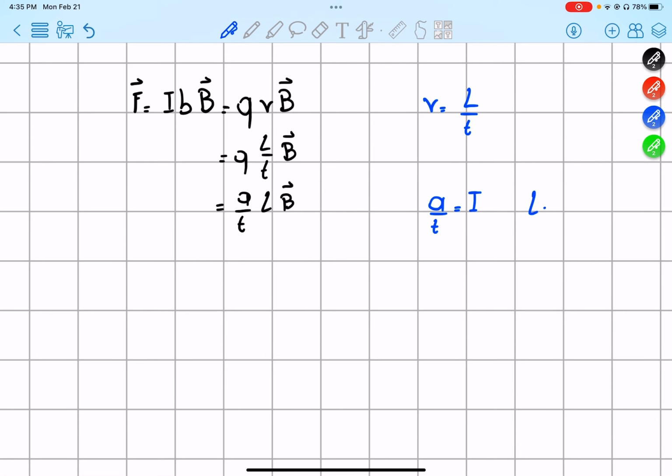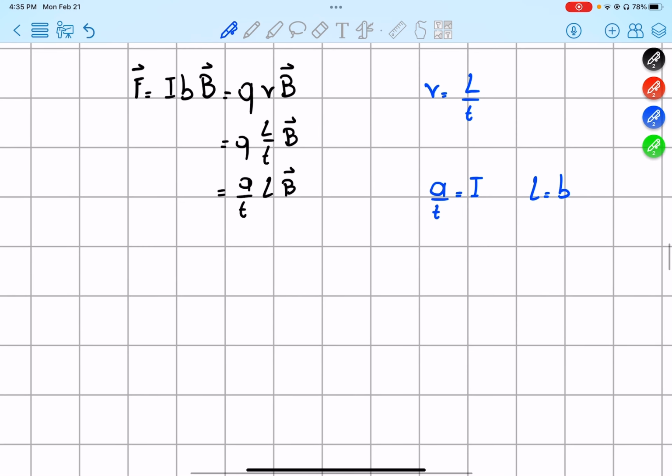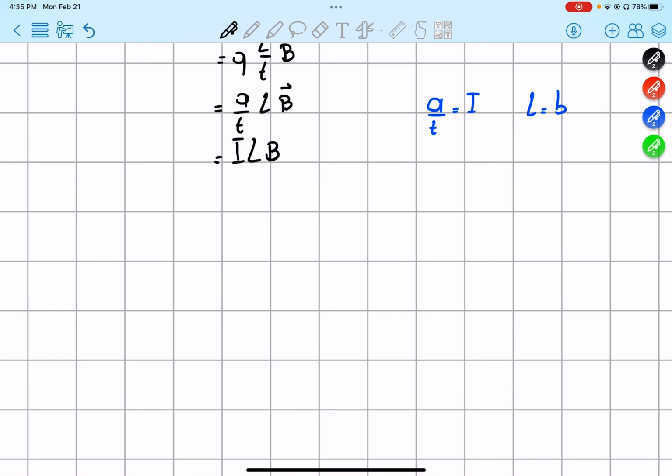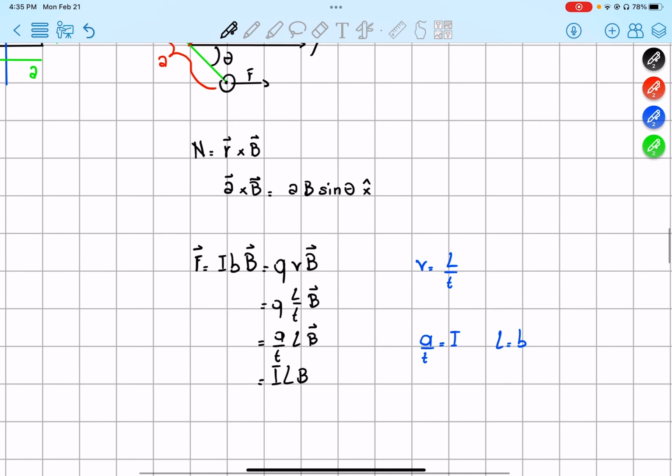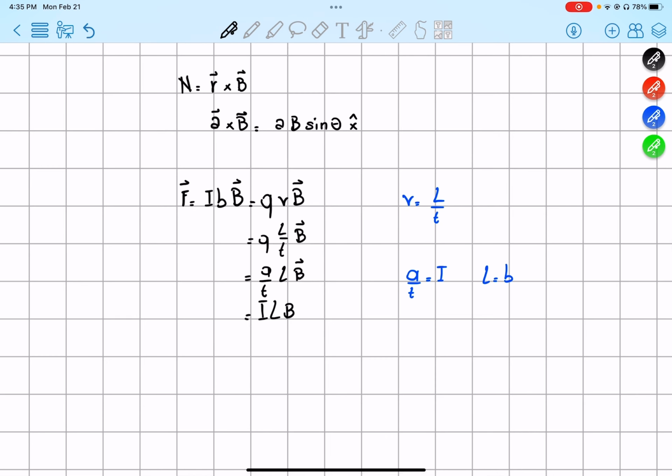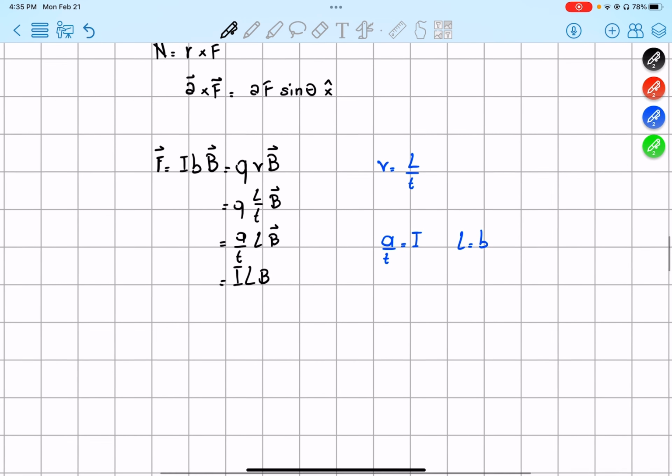And now our length is actually equal to B. So we're going to have current times the length times the magnetic field. As you can see, we just proved it again. So now N, our torque, we said is equal to RF or AF, in this case, AF sine of theta.